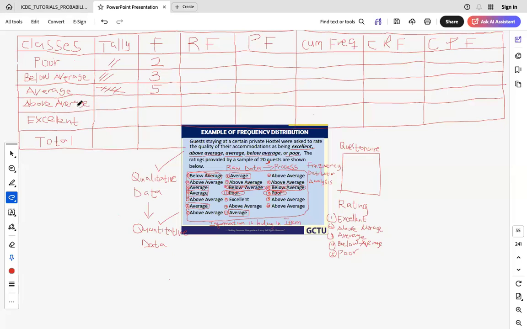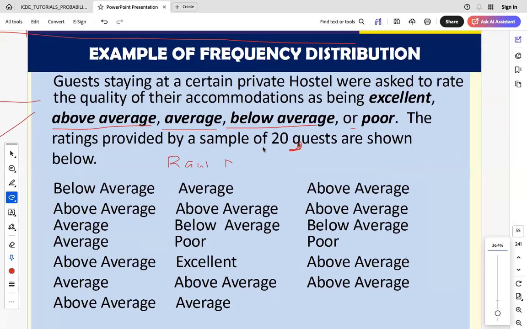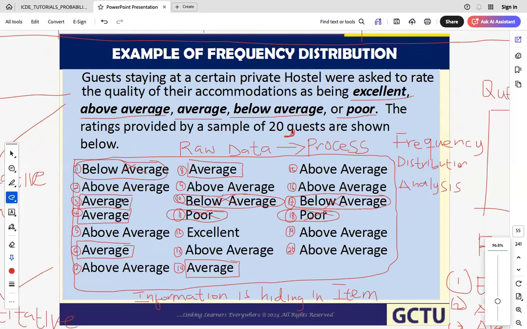Then the next group is above average. Let's tally those who chose above average. So this is done. Let me cancel it out. This is also done. This is done. That is done. We are now at above average. So above average, I see the first one here.